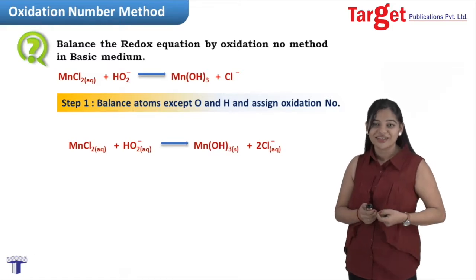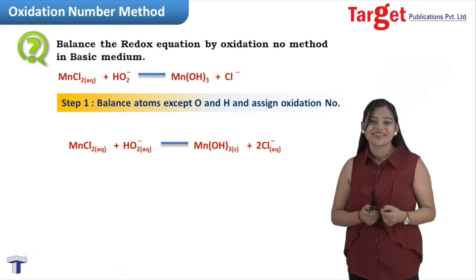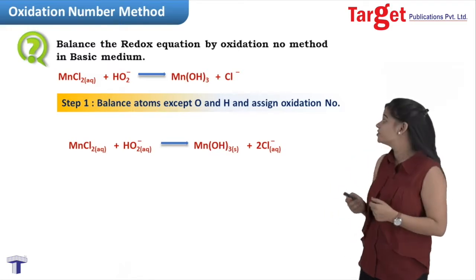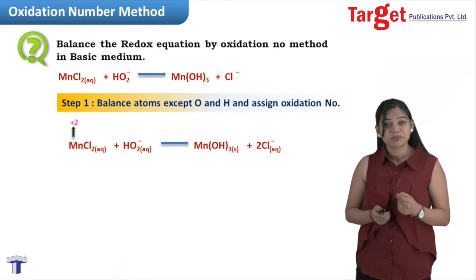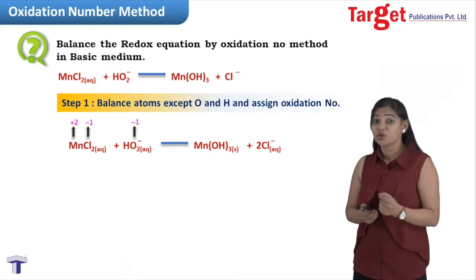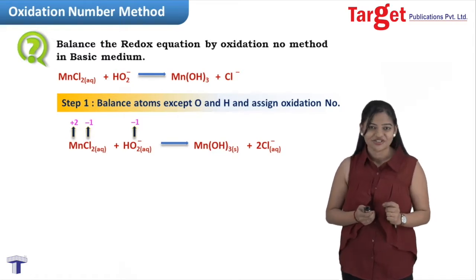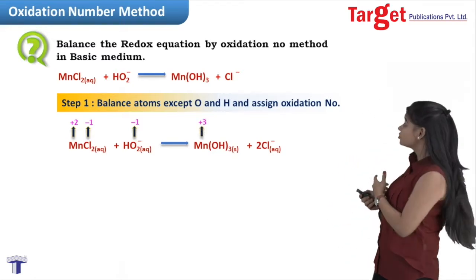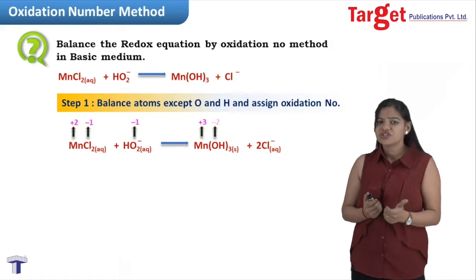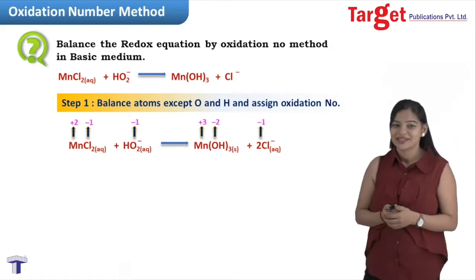Now to identify that, we need to know the oxidation number. So we'll first assign the oxidation number to all the species. So here Mn gets +2, chlorine gets -1, oxygen in HO2 minus is getting -1, that is, it's a peroxide linkage here. And Mn in MnOH thrice is +3, oxygen in OH will be -2 and chlorine again is -1.